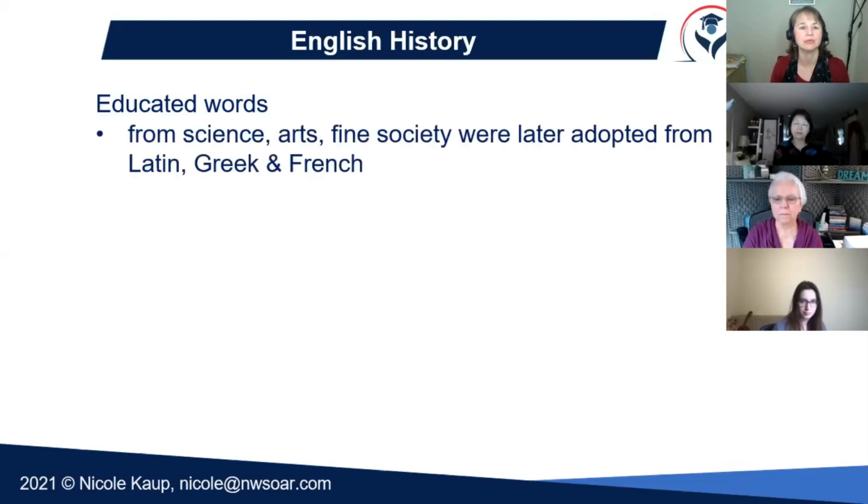And those educated words are things that talk about science and arts and fine living. And they were adopted from Latin and Greek and French. So if you speak a Latin-based language or French or even Greek, you will recognize a lot already in English, and you'll be able to guess a lot of meanings. So it's really, really helpful if you do speak one of those languages.